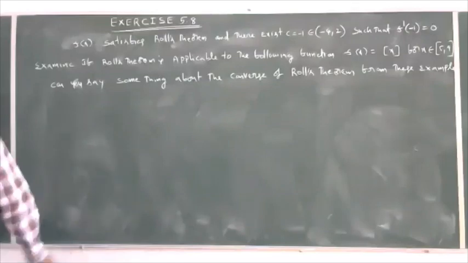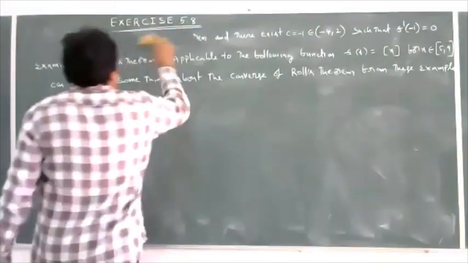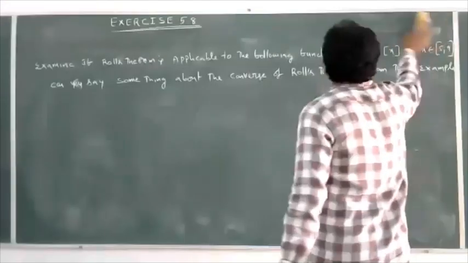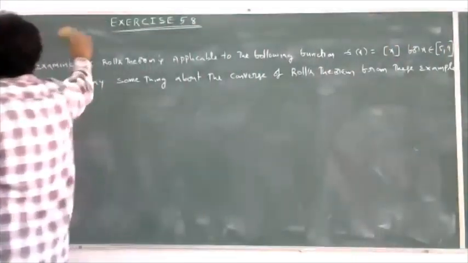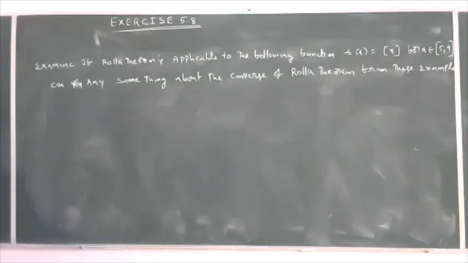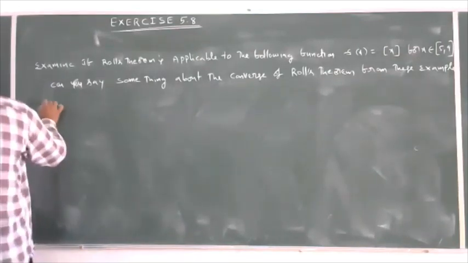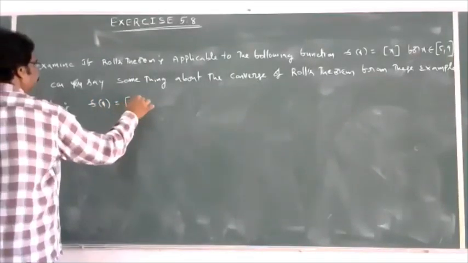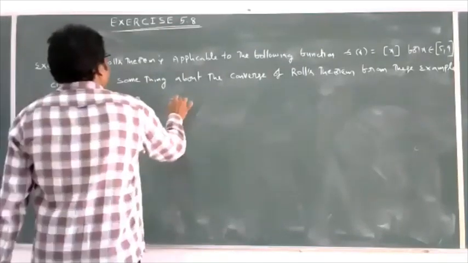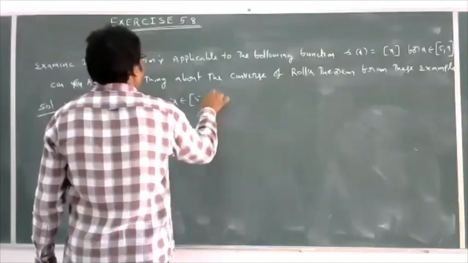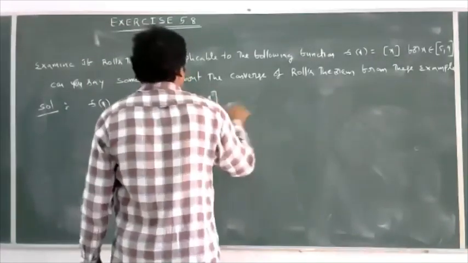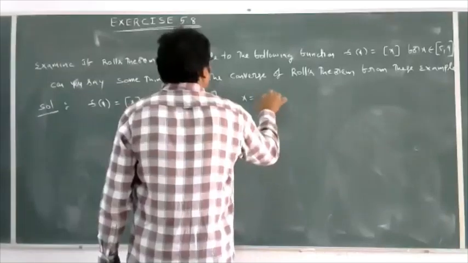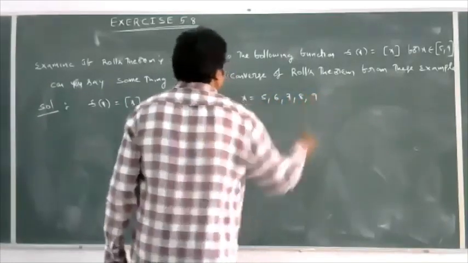First, you remember that in the continuity chapter concept, the greatest integer function, that is step x, is not continuous on integral values of x. Solution: here given, f of x is equal to step x, but the interval is given, x belongs to closed 5 to 9. That means in between 5 to 9, x is equal to 5, 6, 7, 8, 9.